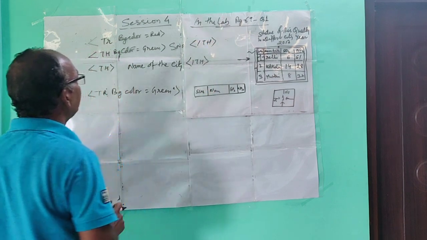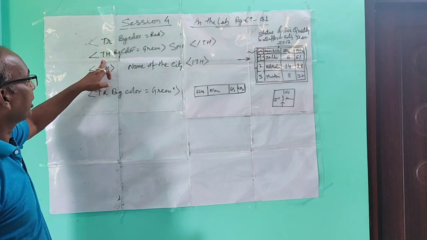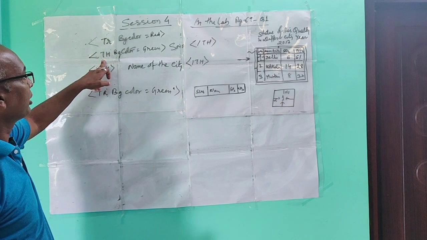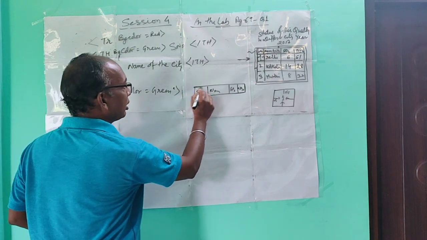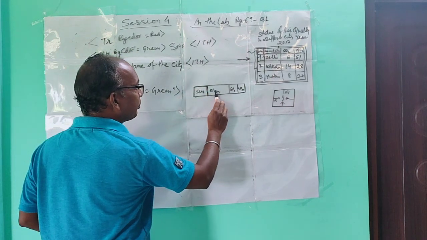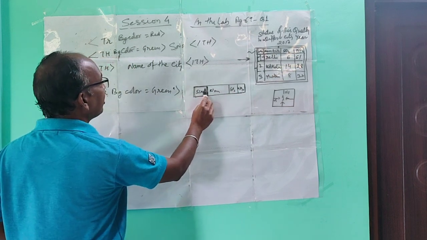You see here, I am using tr for the complete row, but in this second part, I am changing the cell th to green color, so except the serial number, all the 3 cells appear red in color and this cell appears green.